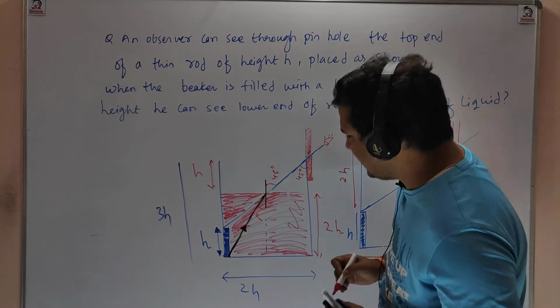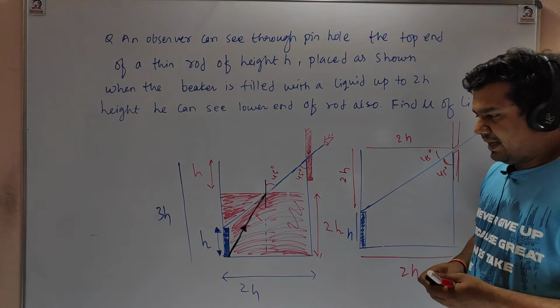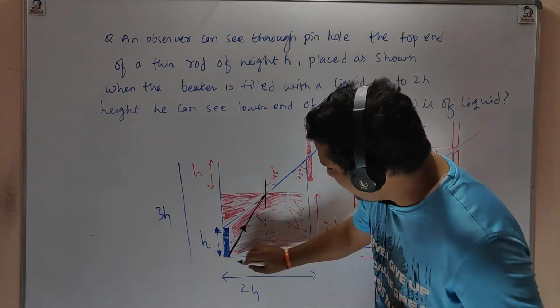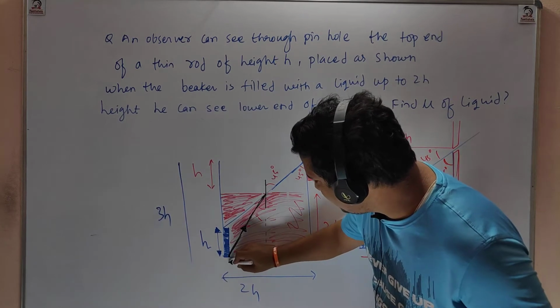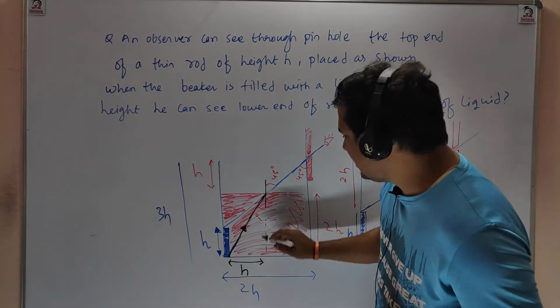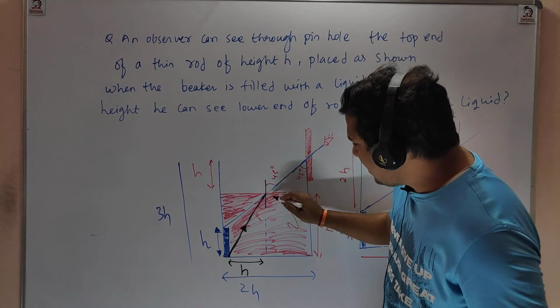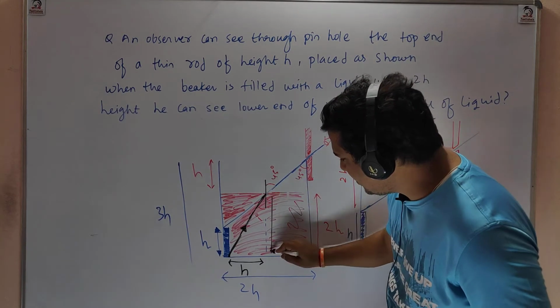Suppose this is angle I, the angle of incidence is I. Okay, this complete is 2h. So what is this? This is h. This is I. Angle of refraction is 45 degrees, and this is 2h.